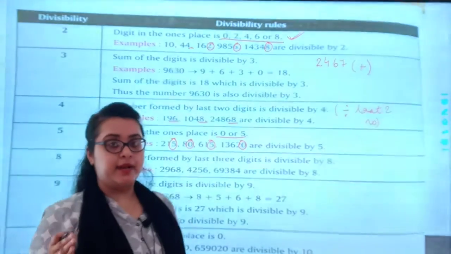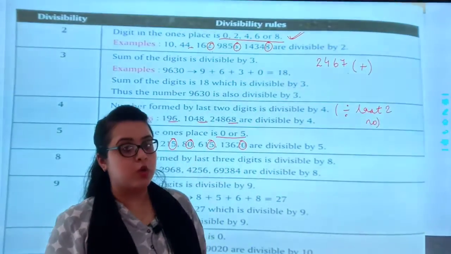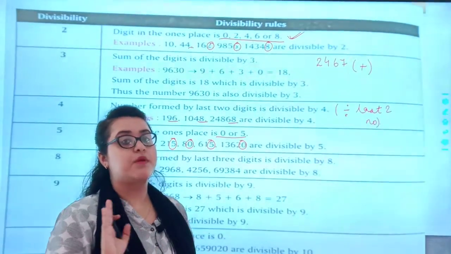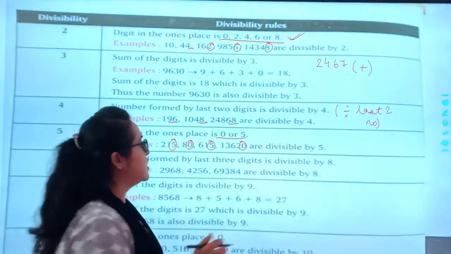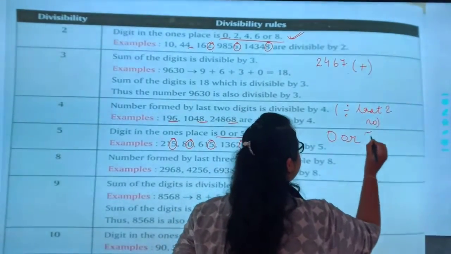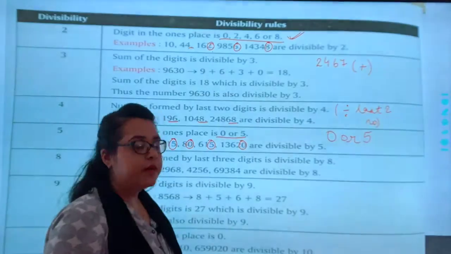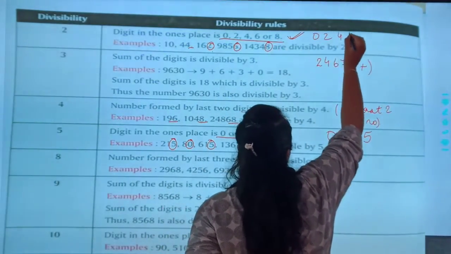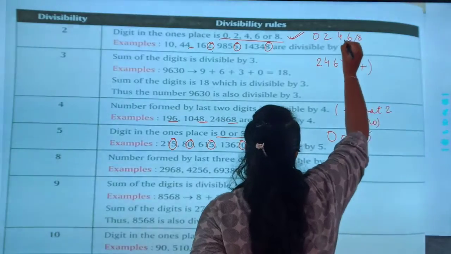When 5 or 0 comes at the end, you can say that this number is divisible by 5. Okay, students. So in this case, 0 or 5. In the earlier case, it was 0, 2, 4, 6, 8.